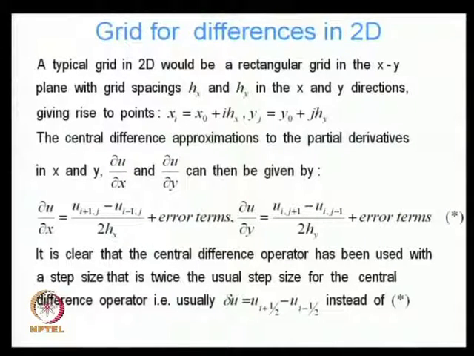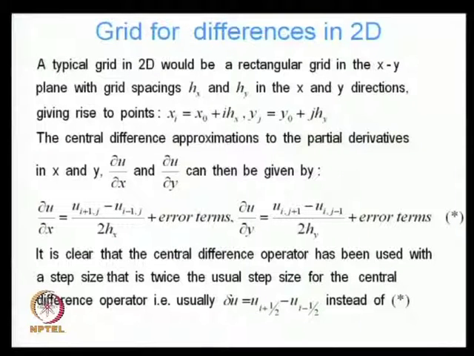This gives rise to points xi equal to x0 plus i hx, yj equal to y0 plus j hy. So, the ith location on the grid is given by x0 plus i times hx, where hx is the grid size in the x direction, while the jth location in the y direction is given by y0 plus j times hy.